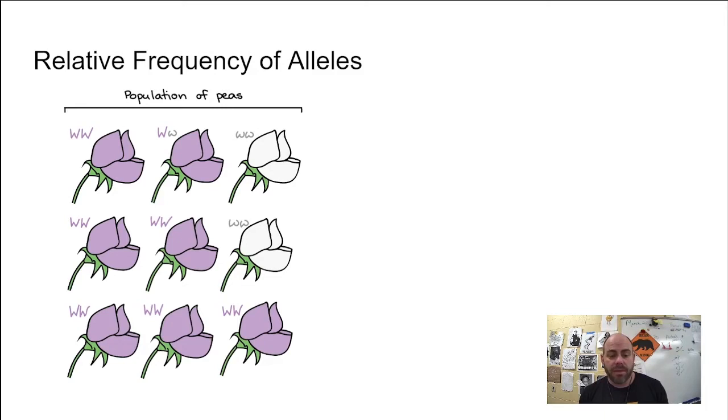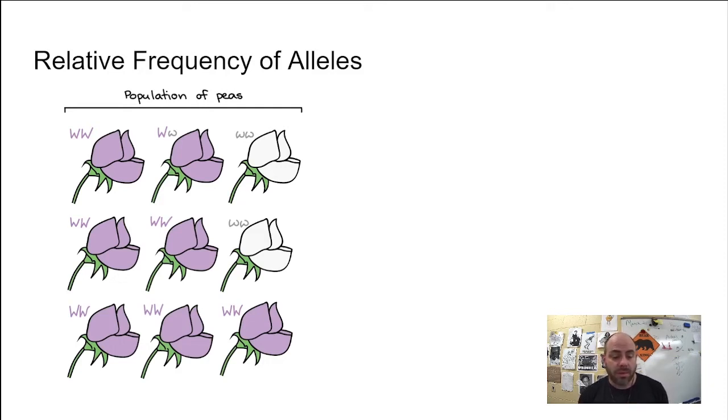So what do we mean by that? Well, let's look at this picture. There's 9 pea flowers represented here, and there are their genotypes. Every pea flower has 2 genes, or 2 alleles. We have a big W or a little w, two of each, or one of each, or whatever. And so each allele has a relative frequency. There's 18 total alleles in this picture, right?